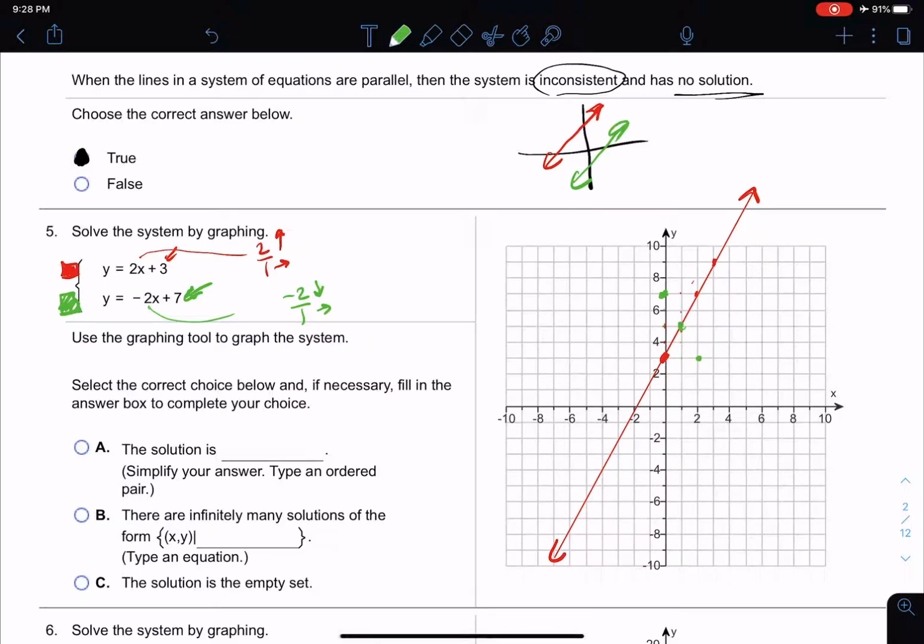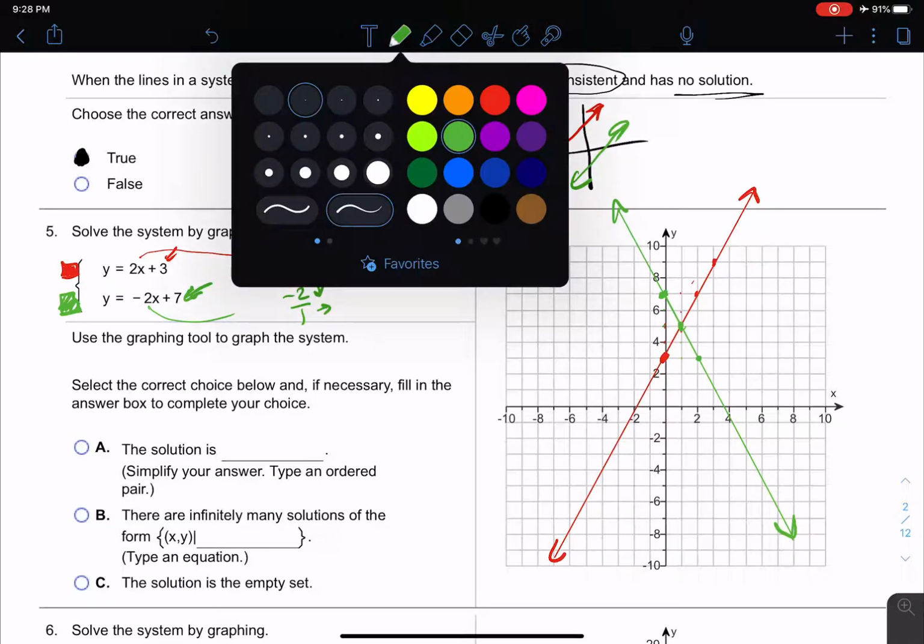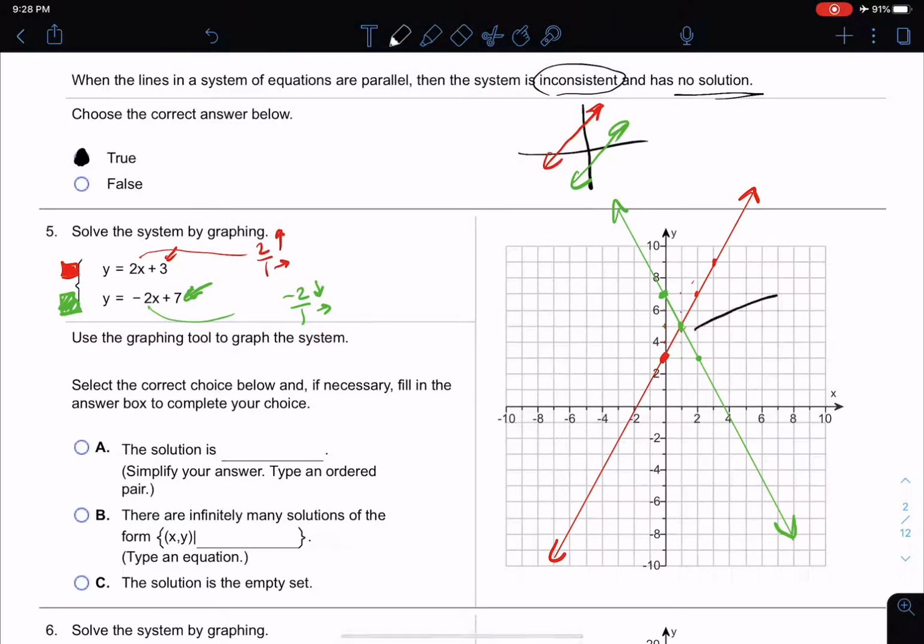So right away you can see the solution to this already. There's the equation of my line. And the solution is the point of intersection, and that is right there, which is 1, 5. Solution is 1, 5.